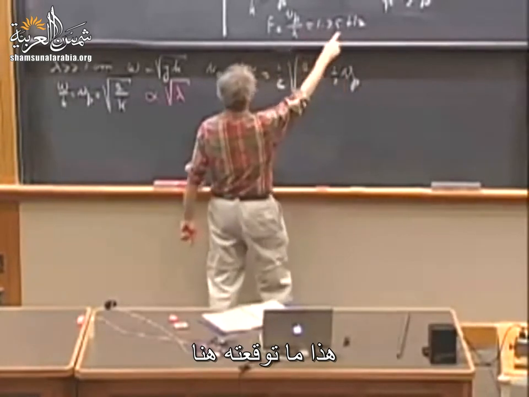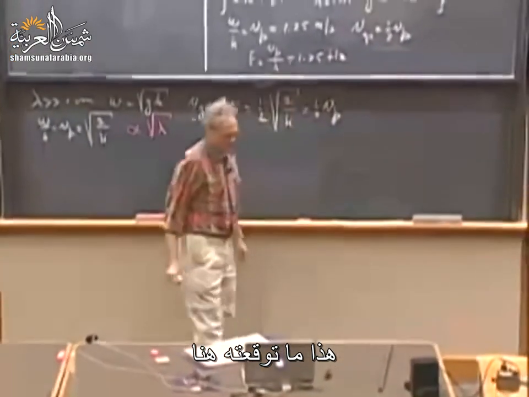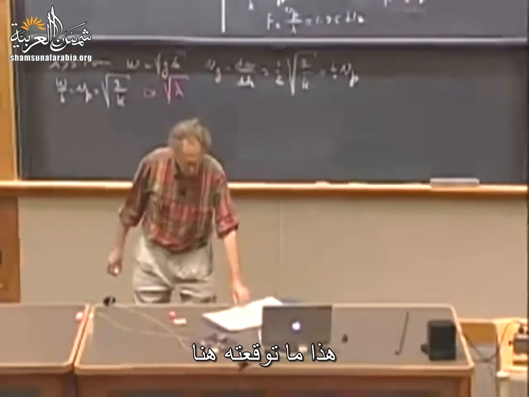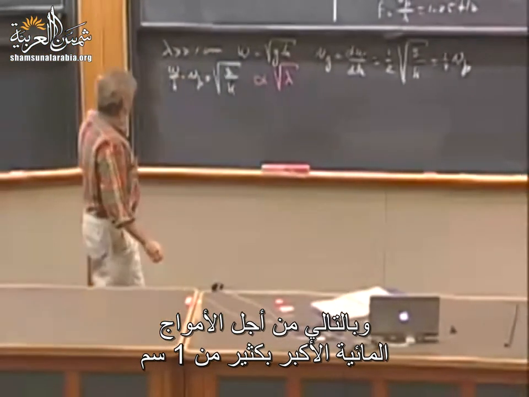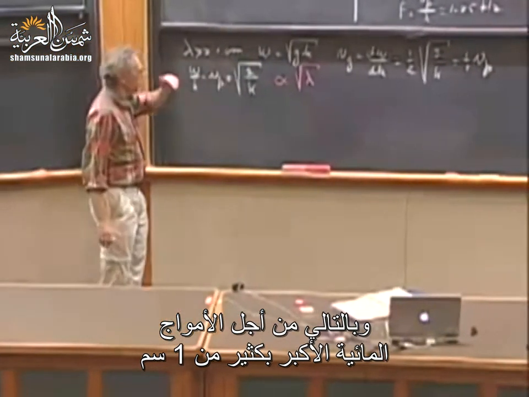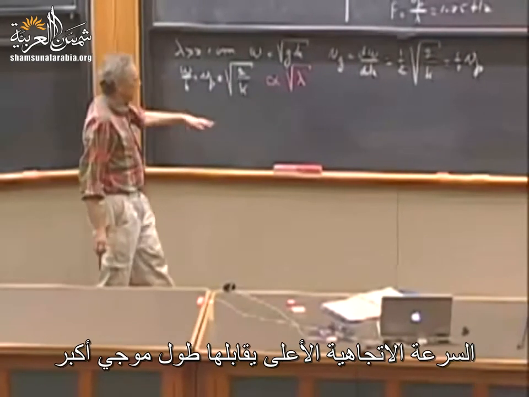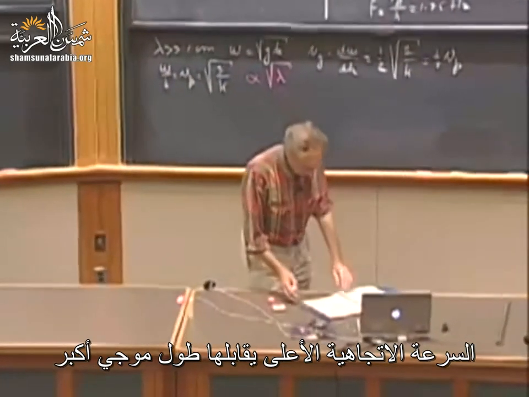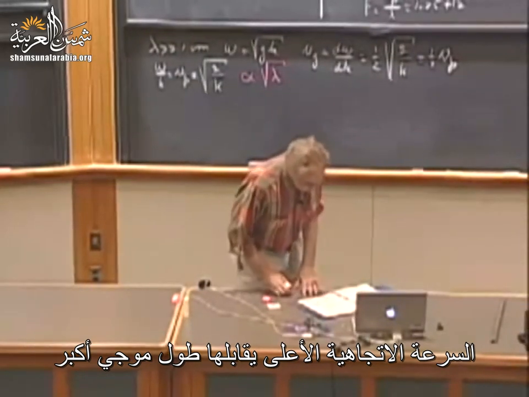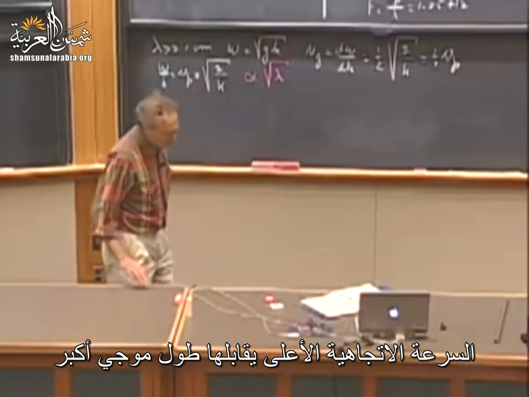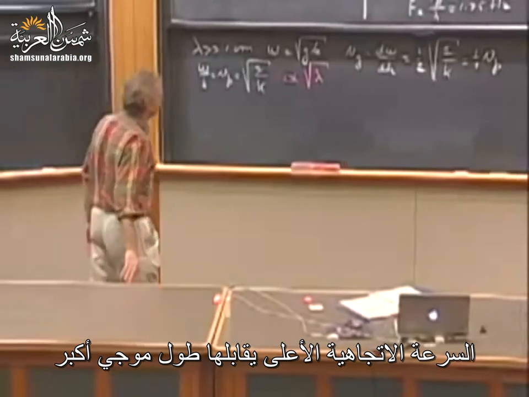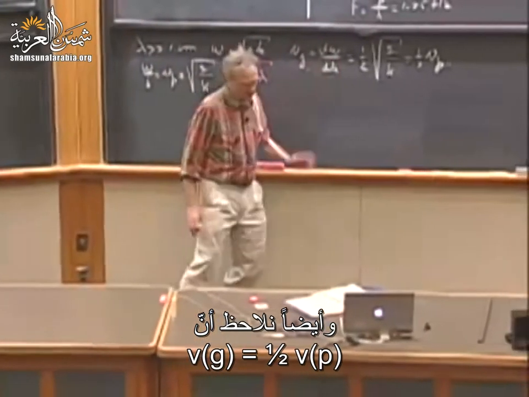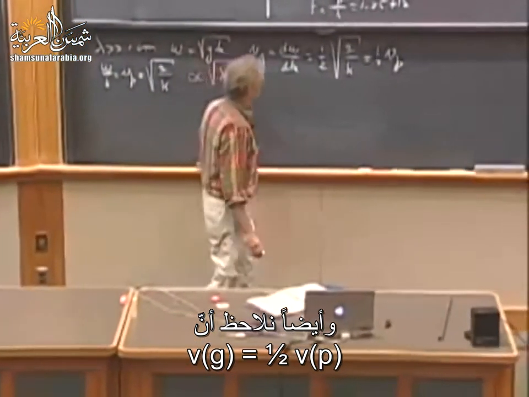And that's what I already anticipated here. So for water waves, which are much larger than 1 centimeter, you see that the larger the wavelength, the higher the velocity. And you also see that the group velocity is half the phase velocity.